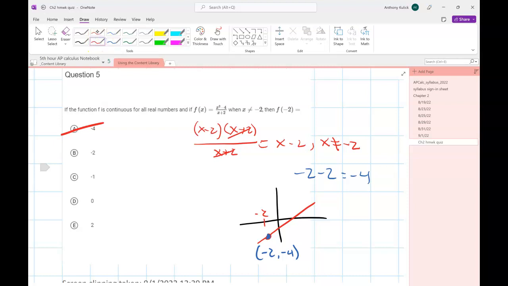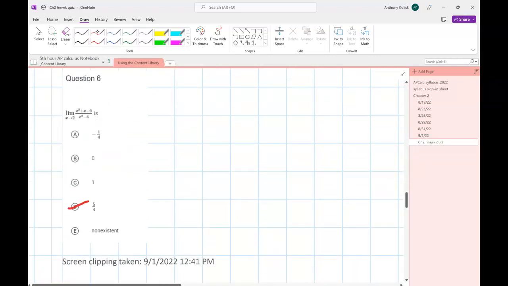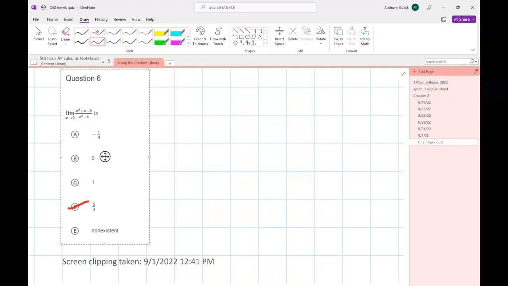Does that feel okay? Again, nothing that we've done so far would be something that really requires a calculator. Our next one here, the limit as x approaches 2 of x squared plus x minus 6 over x squared minus 4. If I tried plugging 2 in, I'm going to get 0 over 0.